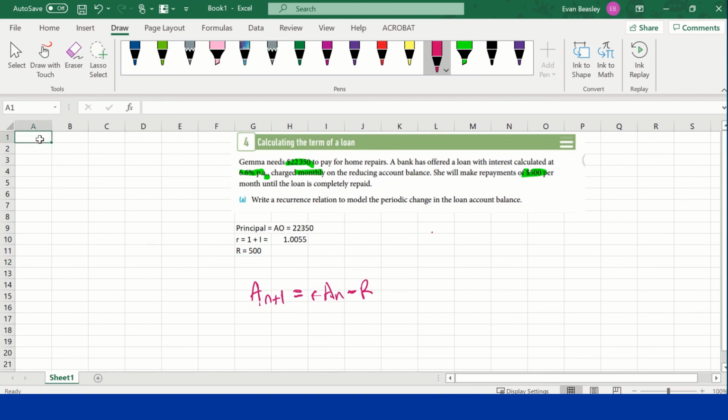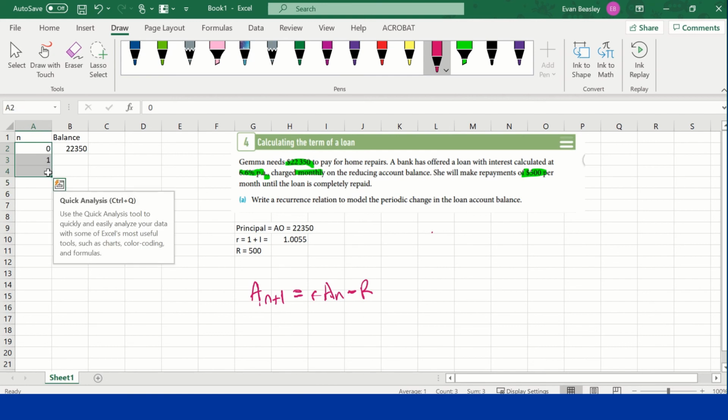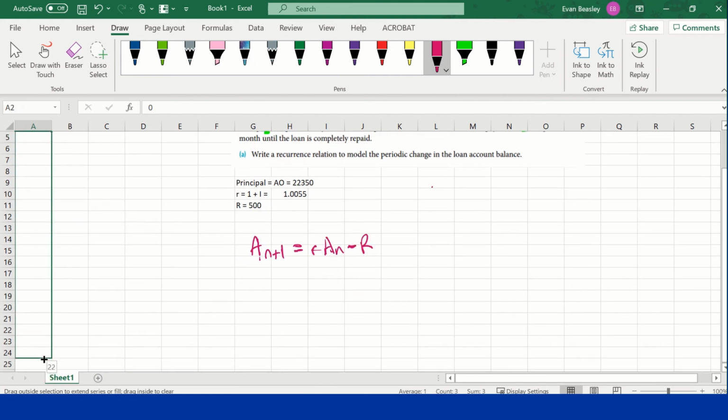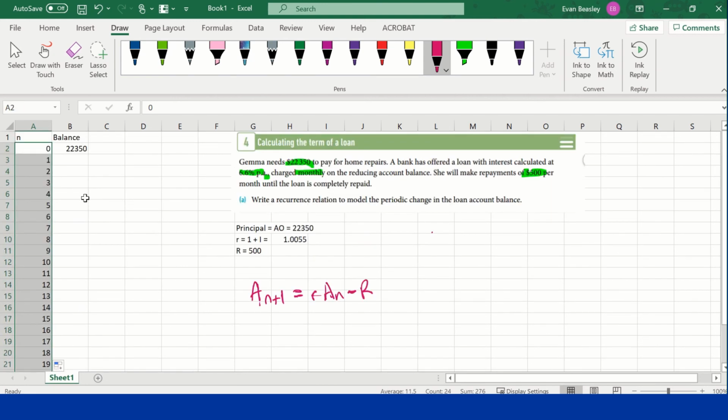What we need to consider first is the number of compounding periods. The start, remember, was 22,350. This should be our balance, and it's charged monthly. Let's continue this down for a while, down to 25. Now let's calculate this.